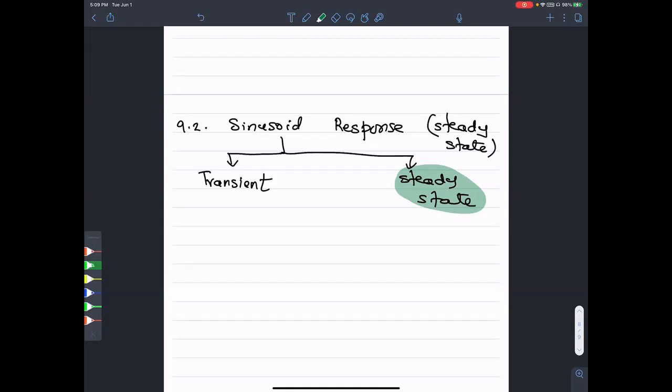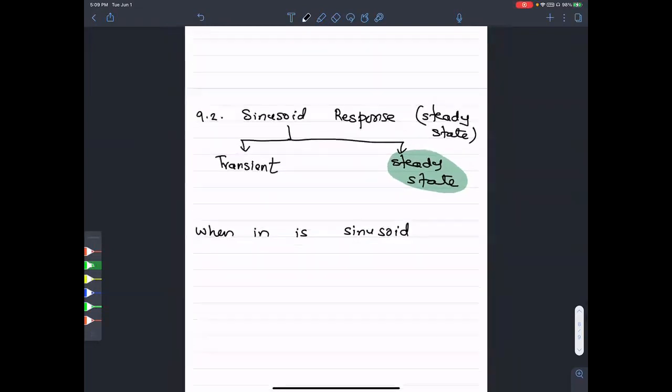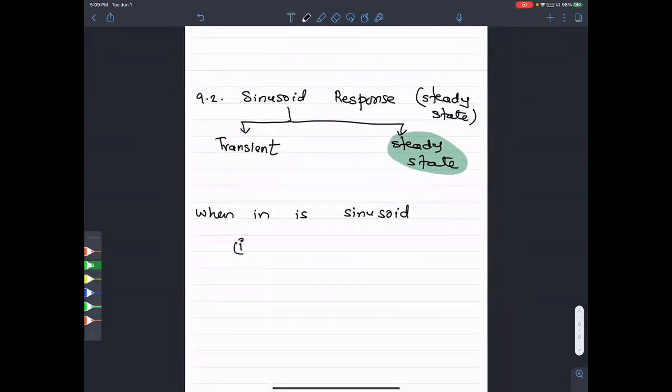So we know certain characteristics of steady state response. When the input is a sinusoid, I can tell you for a fact that the output is also a sinusoid.